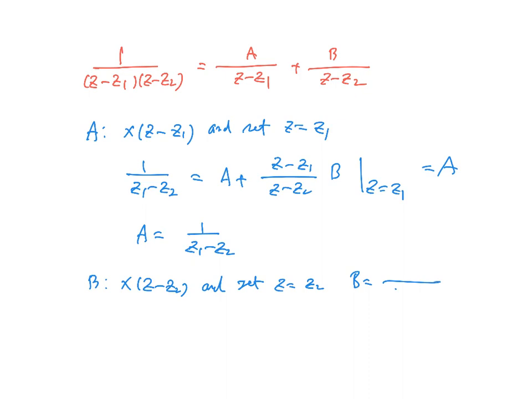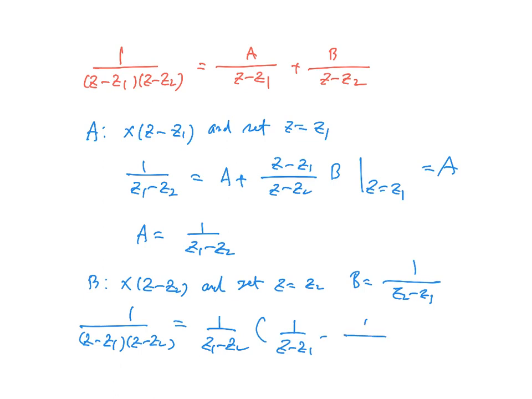B is 1 over z2 minus c1, which is minus A.